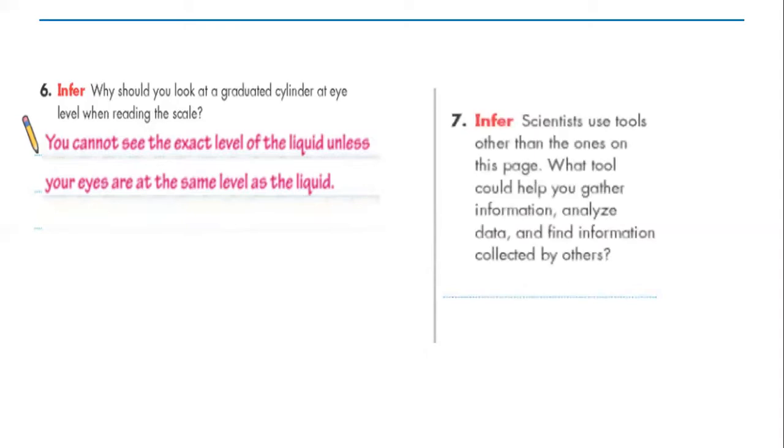Question number 7. Who can read it for us? I want another girl. Scientists use tools other than the ones on this page. What tools could help you gather information, analyze data, and find information collected by others? Excellent, computer.